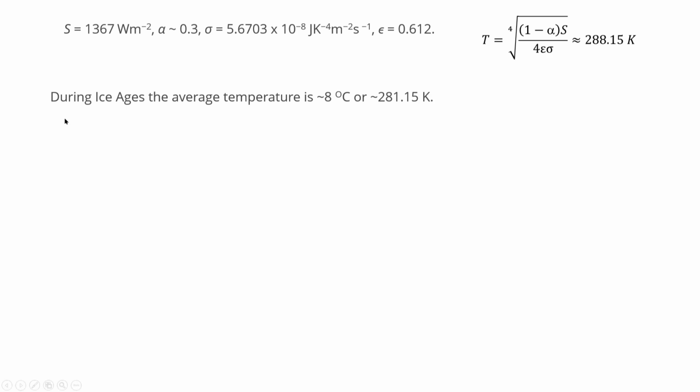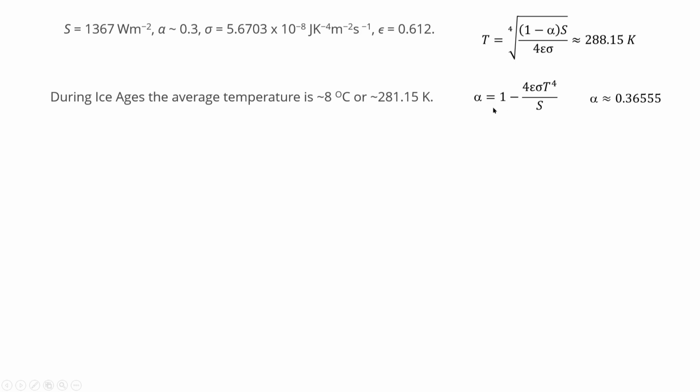During the ice ages, the average temperature of the globe is around 8 degrees centigrade, or about 281.15 Kelvin. If we keep all the other things the same, sigma is a constant, and we keep the emissivity constant, then to achieve this temperature there should be a different albedo value, or reflectivity value.